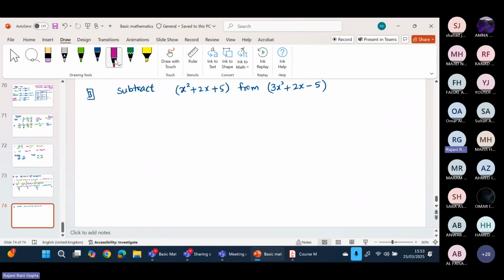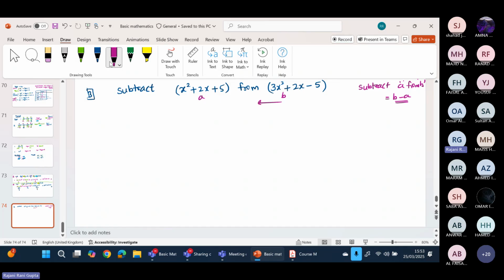Okay, so for this, remember, whenever it is like subtract A from B, you always write B minus A. So this is your A, this is B. So you read it from right to left.